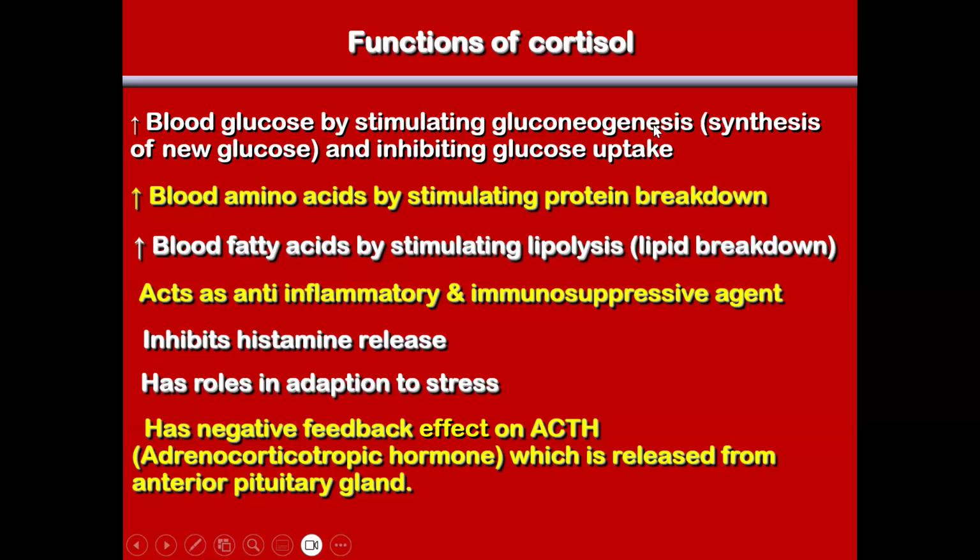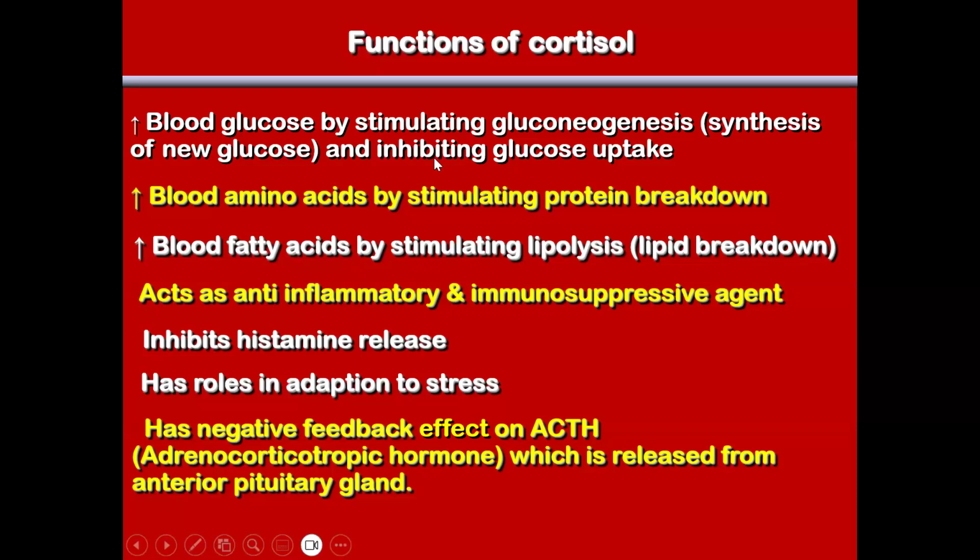So gluconeogenesis is the synthesis of new glucose inside our body from non-carbohydrate sources. So cortisol will stimulate the enzymes which are responsible for the synthesis of new glucose, that is the gluconeogenesis process. So when this process is stimulated, new glucose is synthesized in our body. So this will result in increase in the blood glucose level.